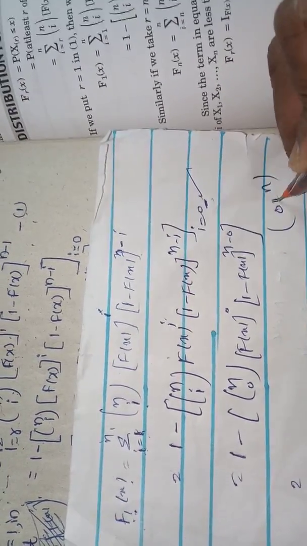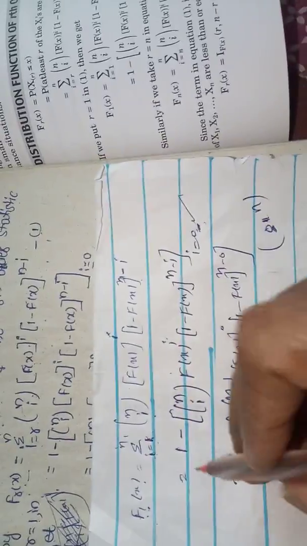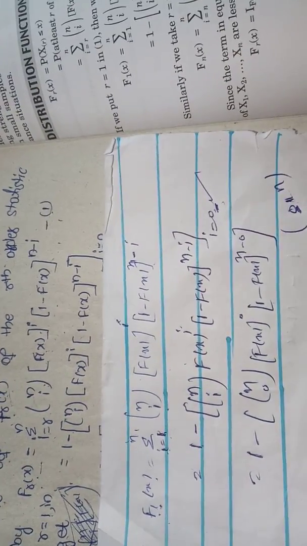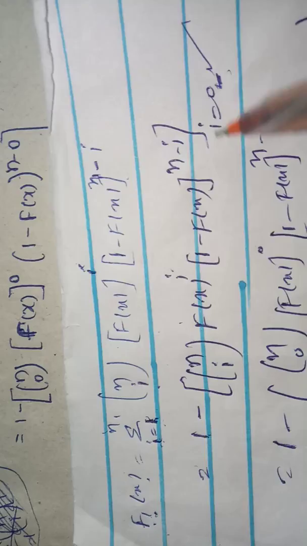Since i already runs from 1 to n, the remaining term is i equals 0. Already you know that p plus q equals 1, so q equals 1 minus p.